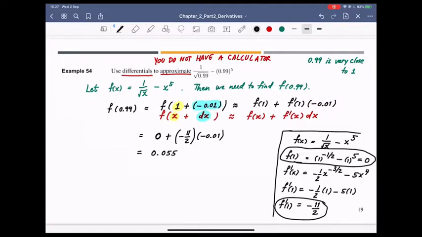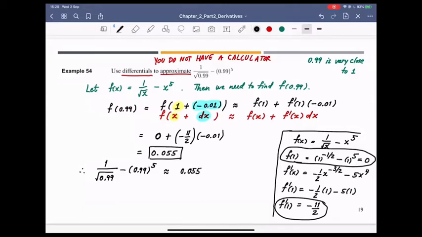This is my answer. After using differentials, I can approximate 1 over square root 0.99 minus 0.99 to the 5th power as 0.055.